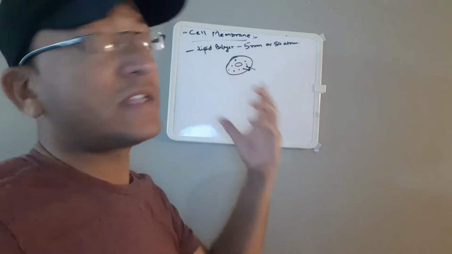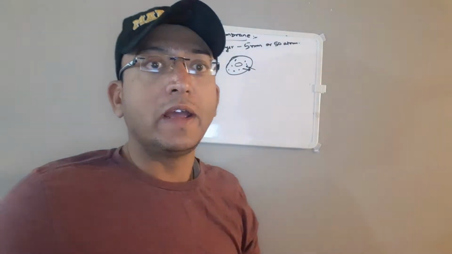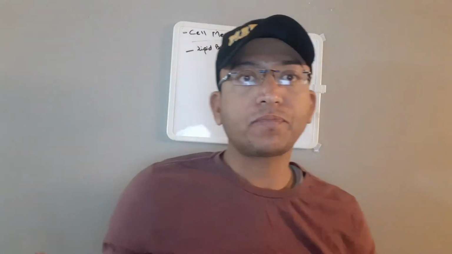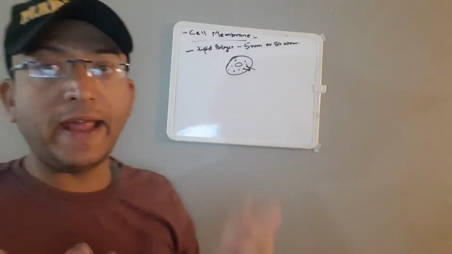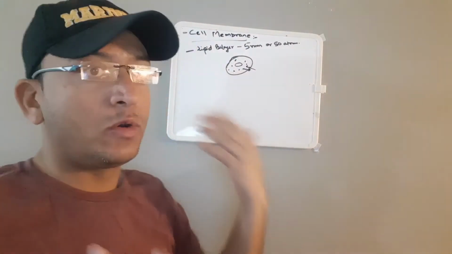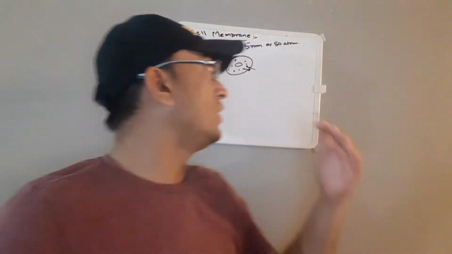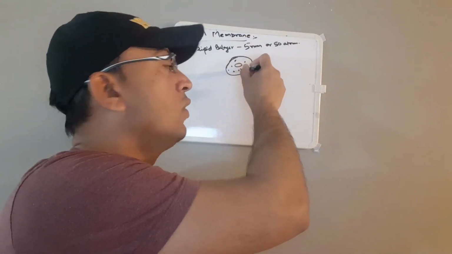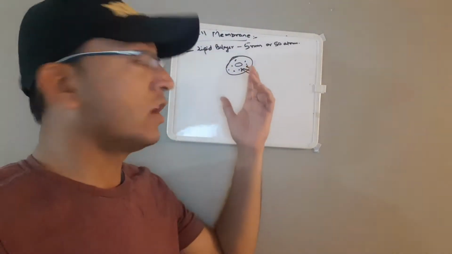But besides this general thing, it does more than that. If a cell needs to survive and grow, it needs nutrients, and those nutrients must go inside from the outside environment for the growth and reproduction of the cell.